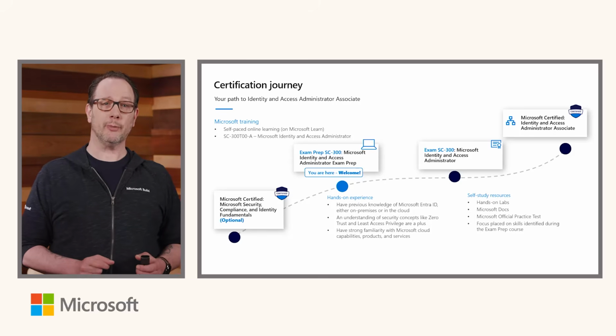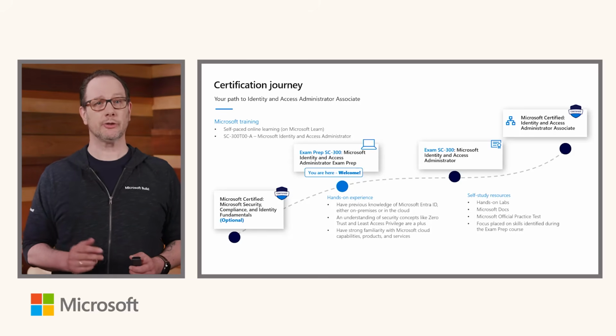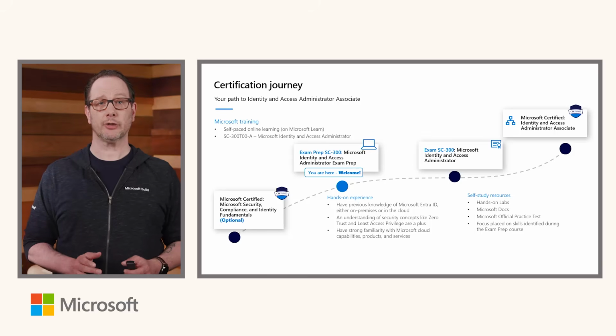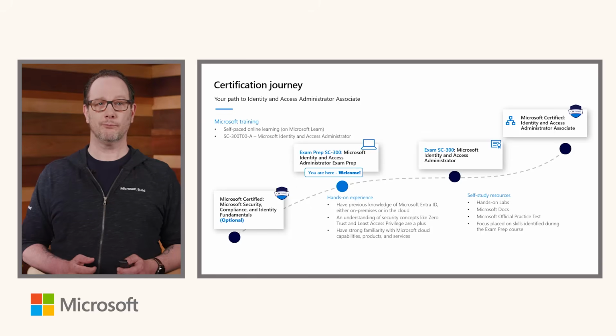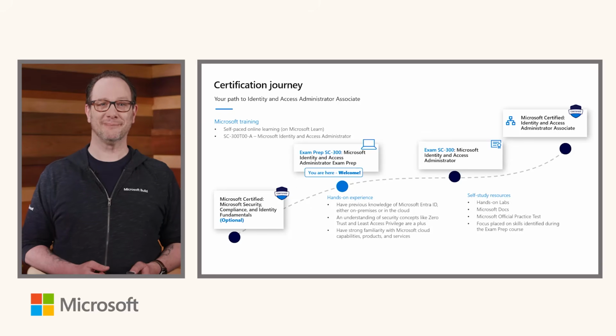Be sure to also make use of labs, study guides, practice tests, and focus on the skills highlighted during the exam prep course to ensure you are thoroughly prepared. Once you feel confident in your understanding of the content, it's time to take the exam. So with that, let's get started.